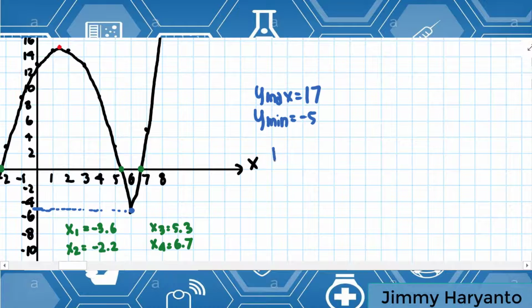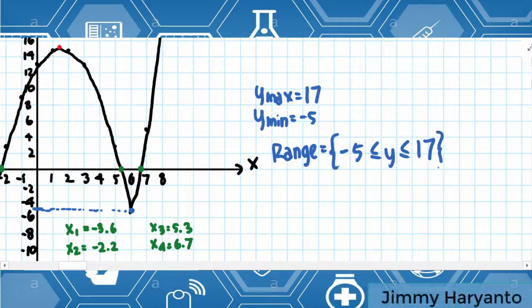So the range will be from negative 5 until 17. There you go, 10 more points.